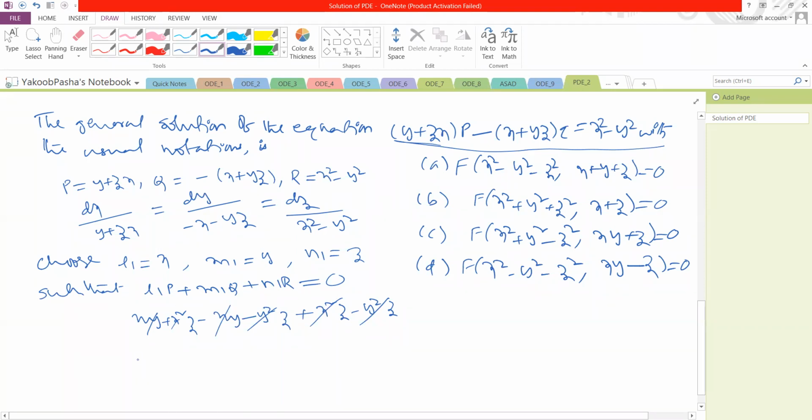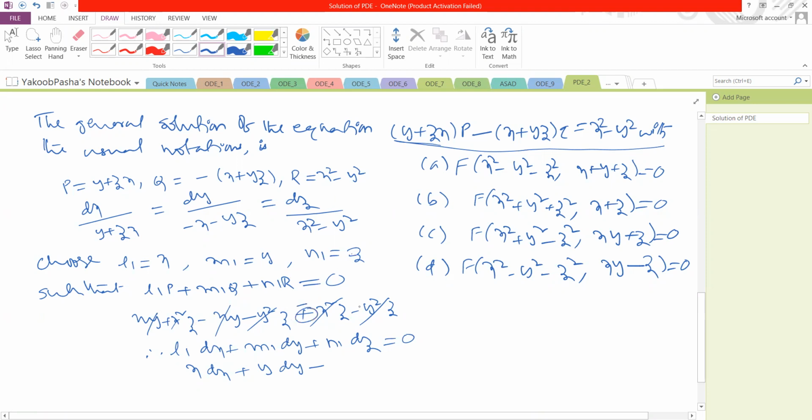So we can write L1 into dx, replacing p by dx, and q by dy and r by dz is equal to 0. So L1 value x dx, M1 value y dy, and minus z. Sir, the last one is minus z? Yeah, the last is minus z.